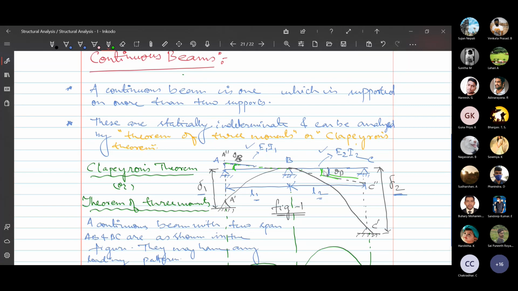So previously here I wrote theta A, but it is not theta A, because it is an angle to this curve; this is theta B and this is also theta B. So theta B will be the intercept. This is A, this is A dash, so this one divided by L1. So A double dash by L1.